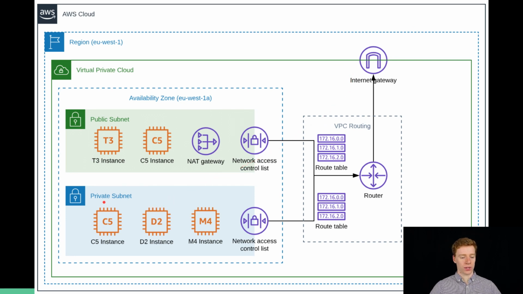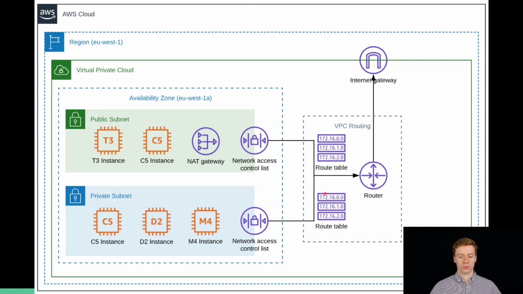On a private subnet, we might see that we have our instances again, and then we have our security groups still, which sit around these instances. When we want to access the internet, we'll go out of our security group, through our network access control list, and then onto our private route table. Now our private route table will say, okay, any traffic should go through the NAT gateway.